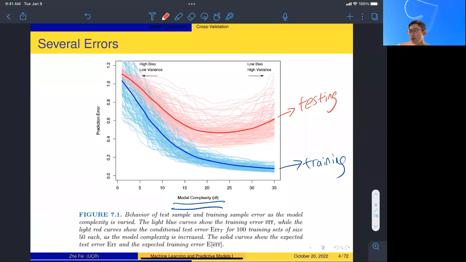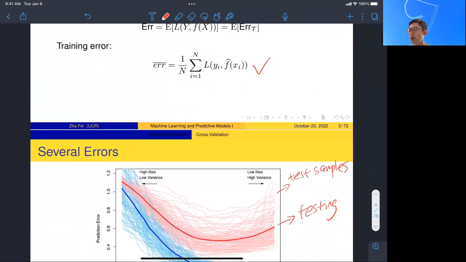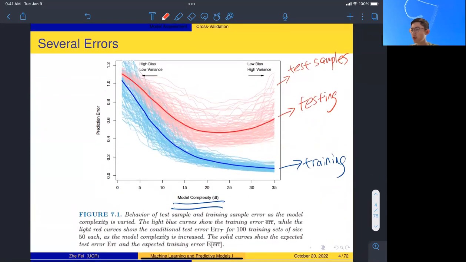Each of the single curves corresponds to an individual sample. The light red curves are for each individual test sample, and then by taking the average, or the expectation, we get this second one, the expected test error. That is the average.